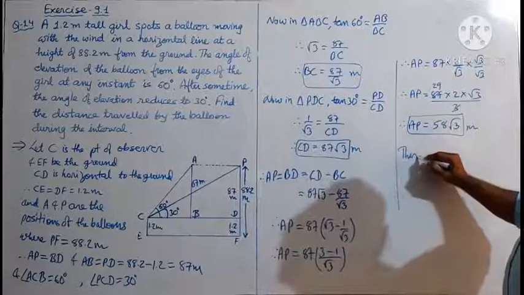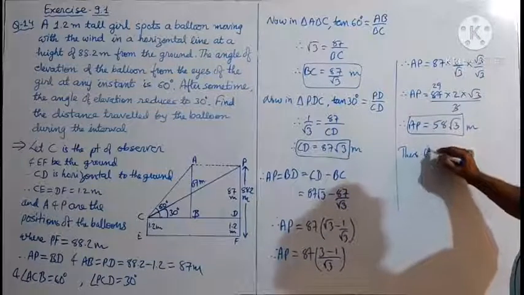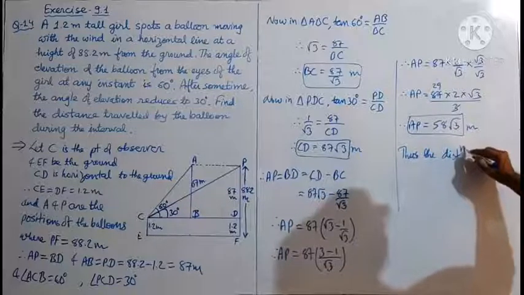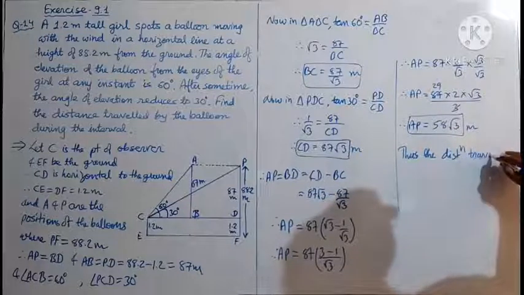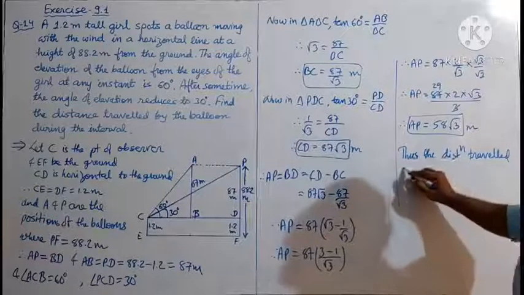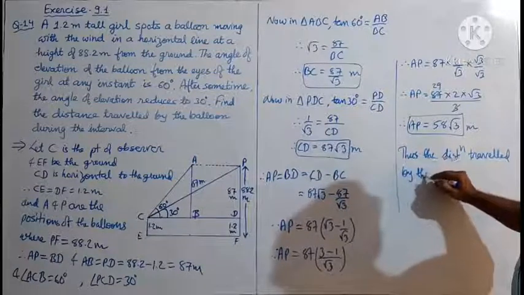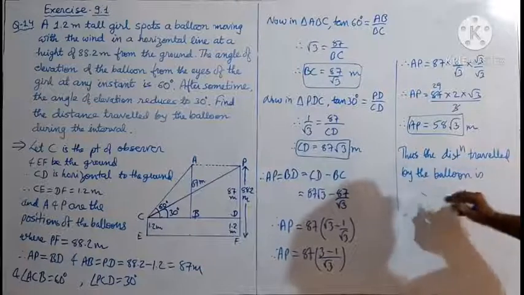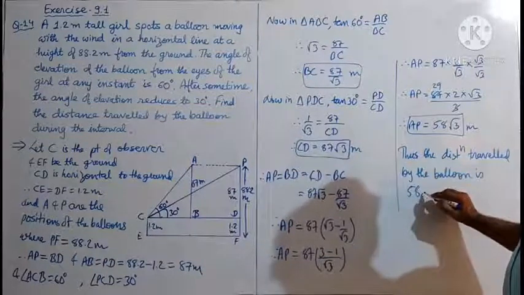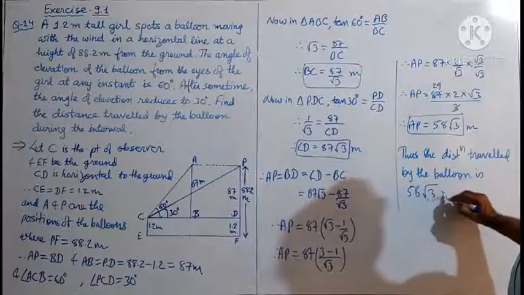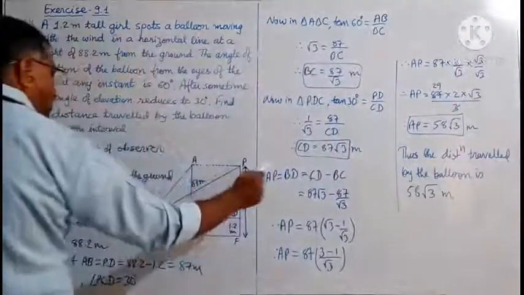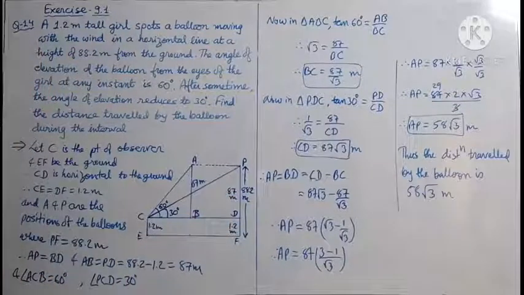Thus the distance travelled by the balloon is 58 root 3 meter. So here the balloon travels from A to P, 58 root 3 meter.